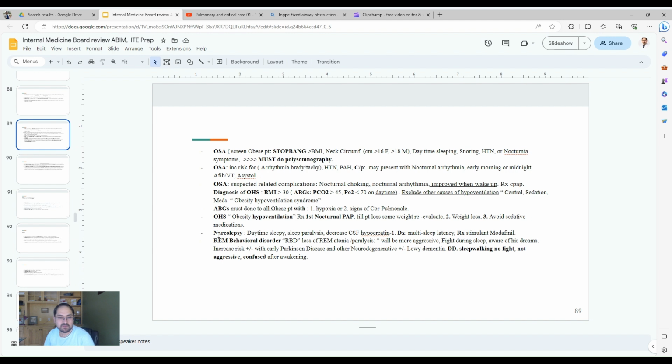REM behavioral disorder is another sleep problem that you may have a question on in the test. They act out during sleep, fighting more and being more aggressive, and when they wake up, they look confused. This kind of REM sleep behavioral disorder may be associated with increased risk of Parkinson disease and neurodegenerative disorders, Lewy body dementia.